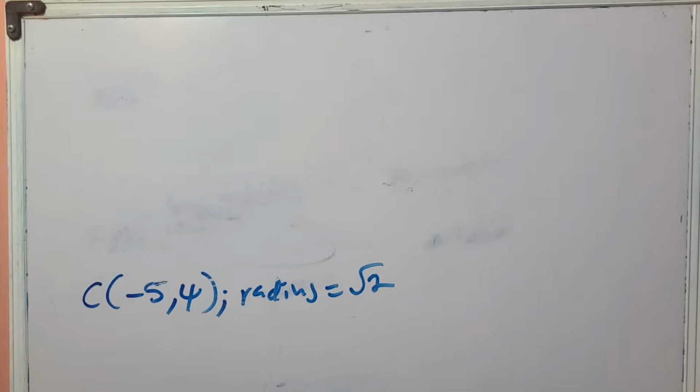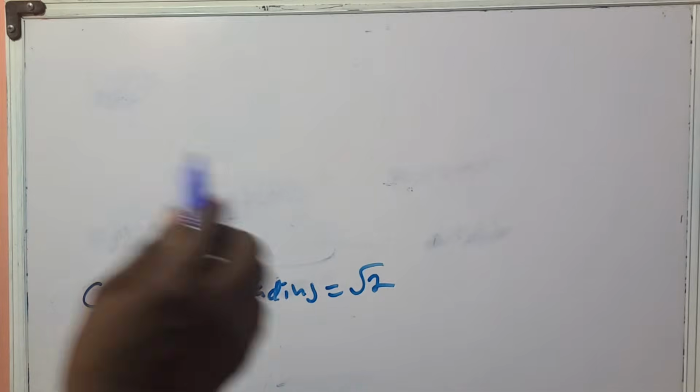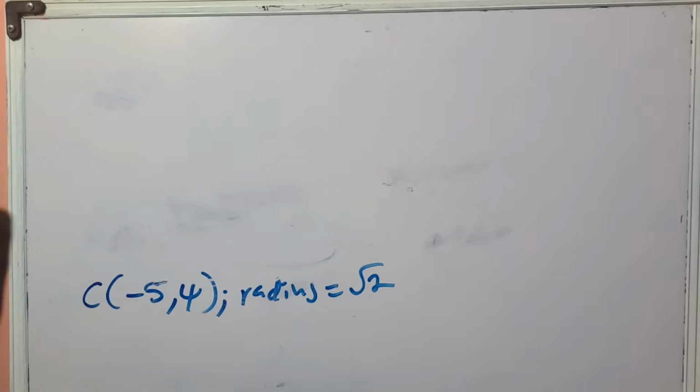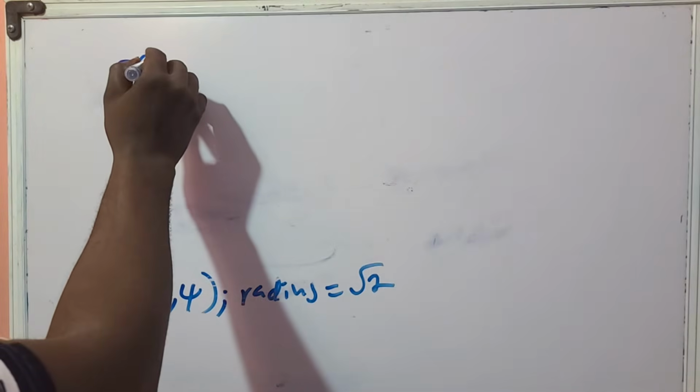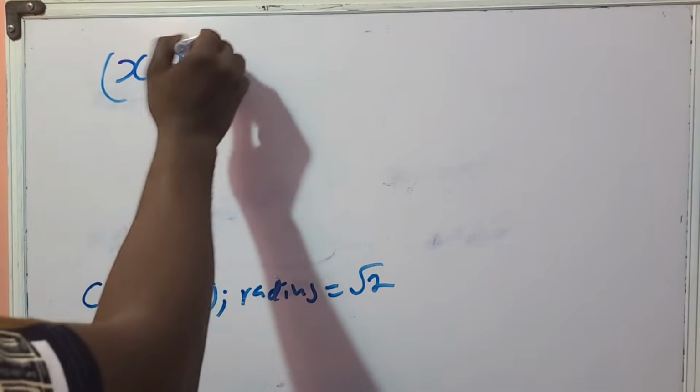So what was your answer for the circle? Now you understand the general form of your circle. All these conic sections have their general equation. For the circle, you have it as this.